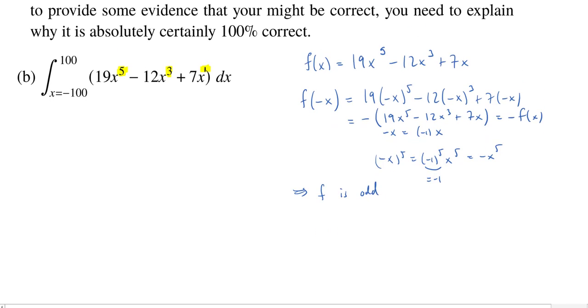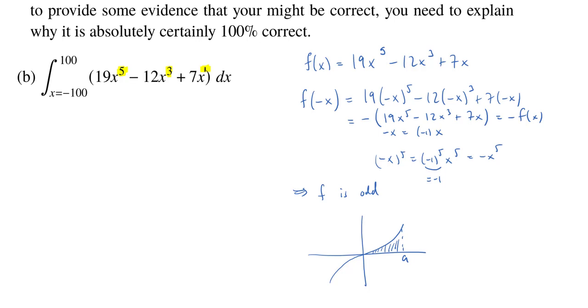So we may not know exactly what the graph of our function looks like, but we do know that it has to look something like this in the sense of it has these properties. On the right-hand side versus the left-hand side, you're getting the same shape, just inverted, right? Everything is upside down, which means if I compute the area under the curve from 0 up to some point A, and then I go to the other side of the curve and compute the area, which now will be negative, right?